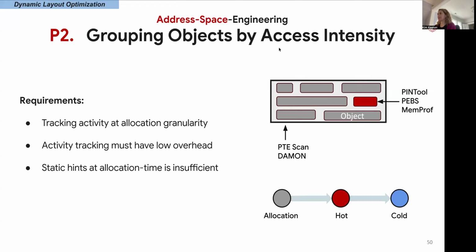We would use the same principles that we introduced here. Garbage collected languages today can use the principles that we bring from address space engineering to do object reorganization. None of the garbage collected languages today do this.